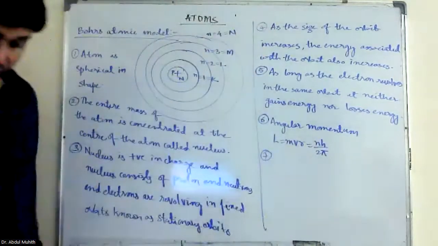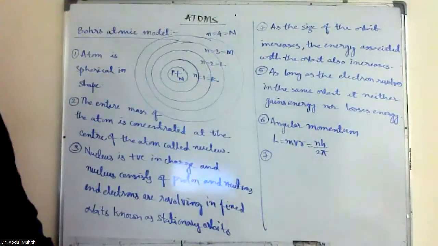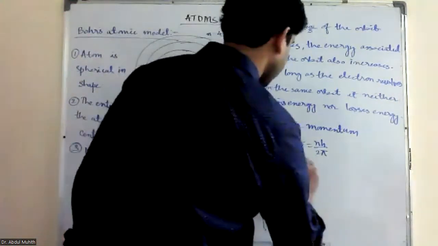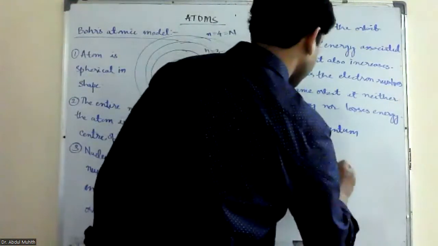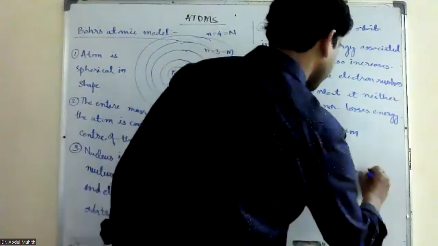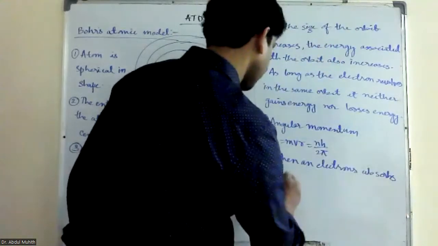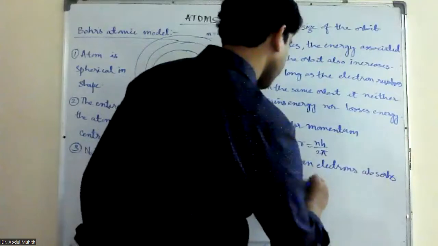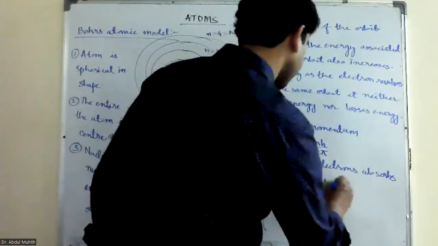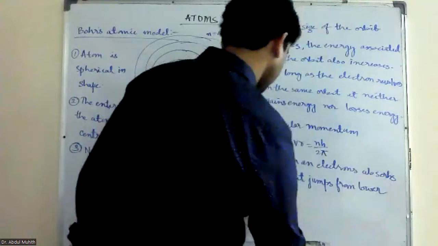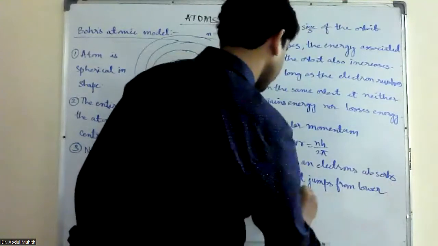Seventh one: when an electron absorbs energy, it jumps from a lower energy level to a higher energy level.